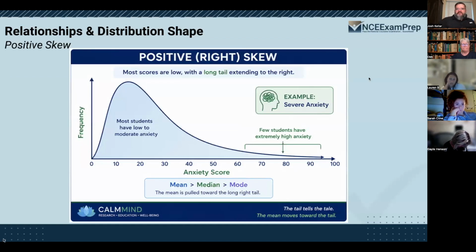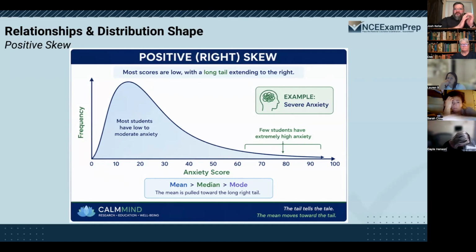Okay, so on a positive skew, you can see from this curve here, most of the scores are down here on the low end, right? If this is an anxiety score, most of the scores are low anxiety, right? But there's a few students that have extremely high anxiety. And so what that does is it kind of destroys our perfect curve.